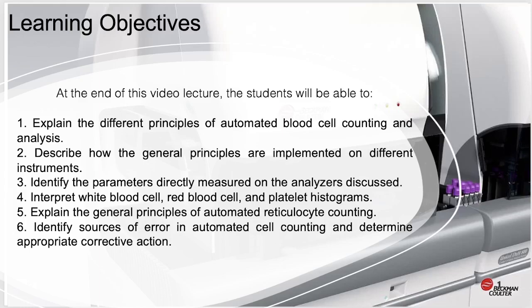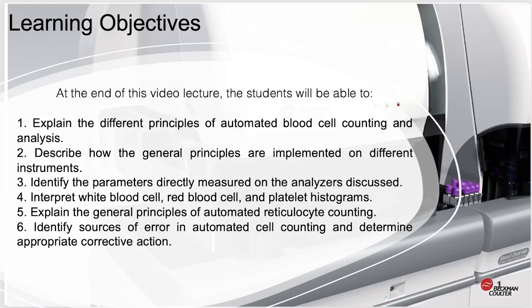But before we go to our discussion for today, at the end of this video lecture, the students will be able to explain the different principles of your automated blood cell counting and analysis. Describe how the general principles are implemented on these different instruments, and identify what are the parameters that can be measured on these analyzers.